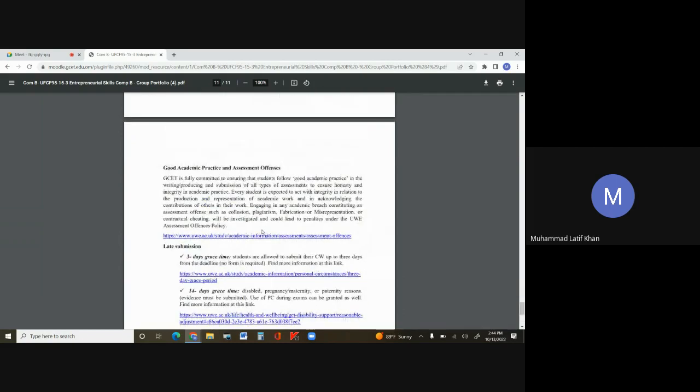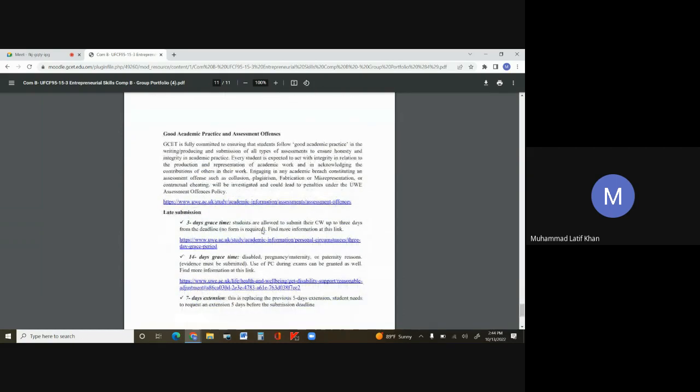These are some criteria, or you can say some policies, for example about late submission, or if you want to know about your marks, or if you're not satisfied with the marks and want to complain. You must know about these policies, because sometimes some students come after 6 months and complain about their marks.